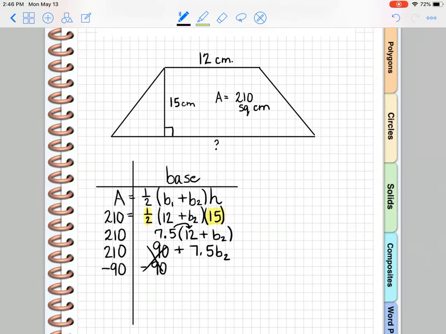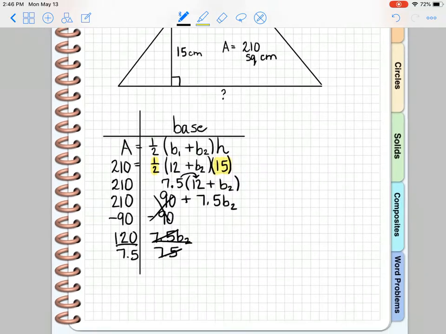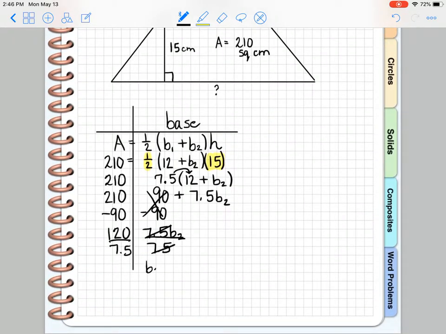So 210 minus 90 is 120. And that equals 7.5 b2. And then let's divide both sides by 7.5. And it will tell us that base 2, our second base of this trapezoid, is 16. So the missing base is 16 centimeters.